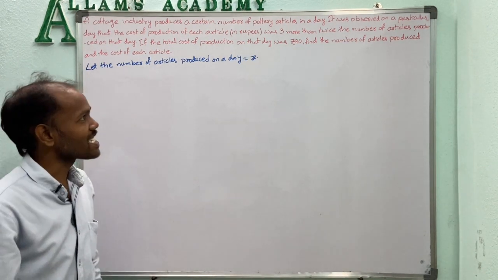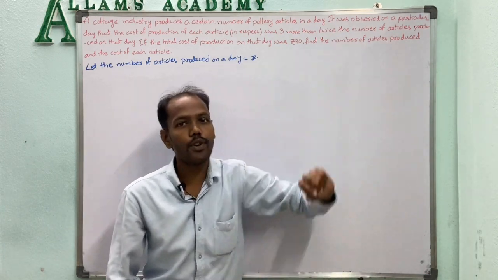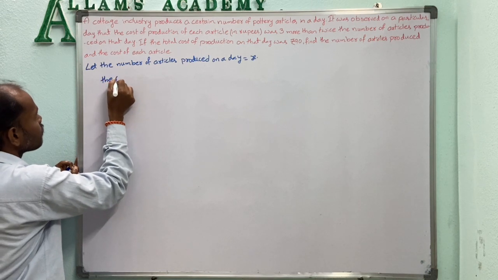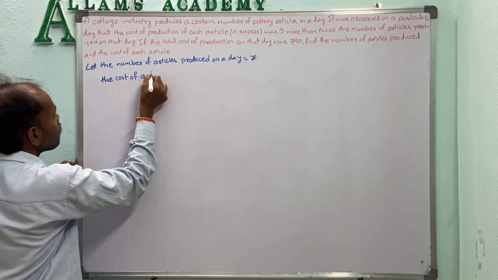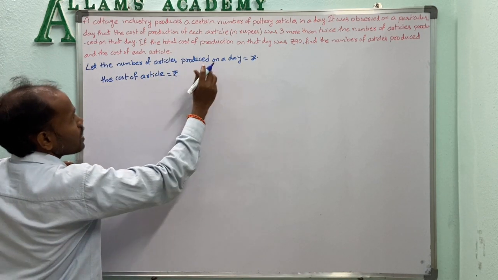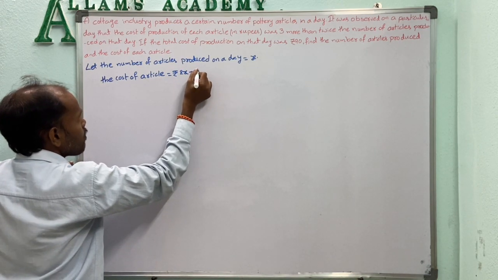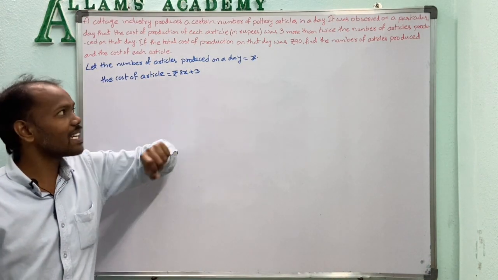Now its cost is 3 more than twice the number of articles produced. So the cost of the item equals rupees twice x plus 3, so 2x plus 3.